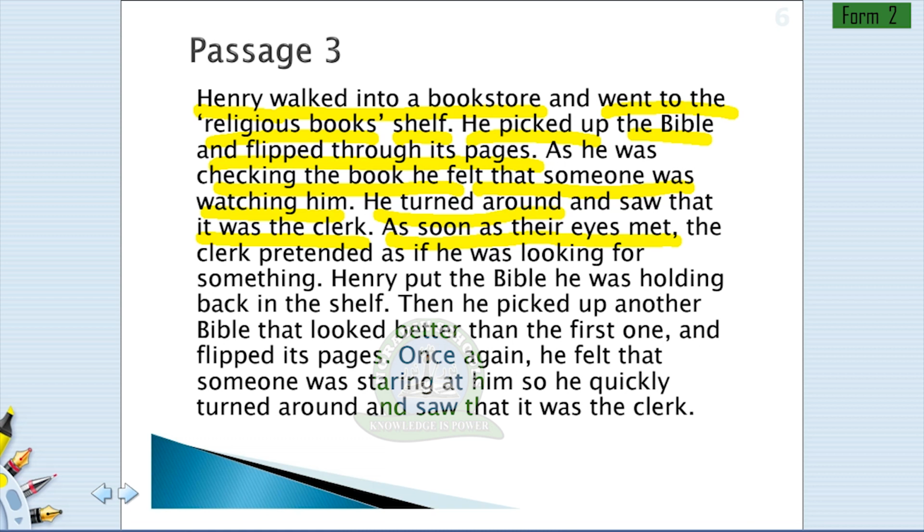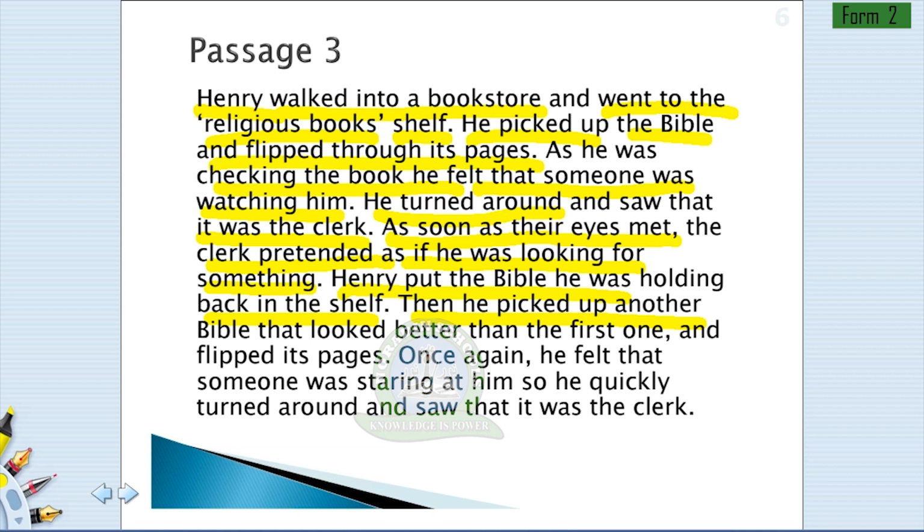As soon as their eyes met, the clerk pretended as if he was looking for something. Actually, he was not looking for something else, but he was looking for that man, Mr. Henry. Henry put the Bible he was holding back into the shelf. He returned it into its place.